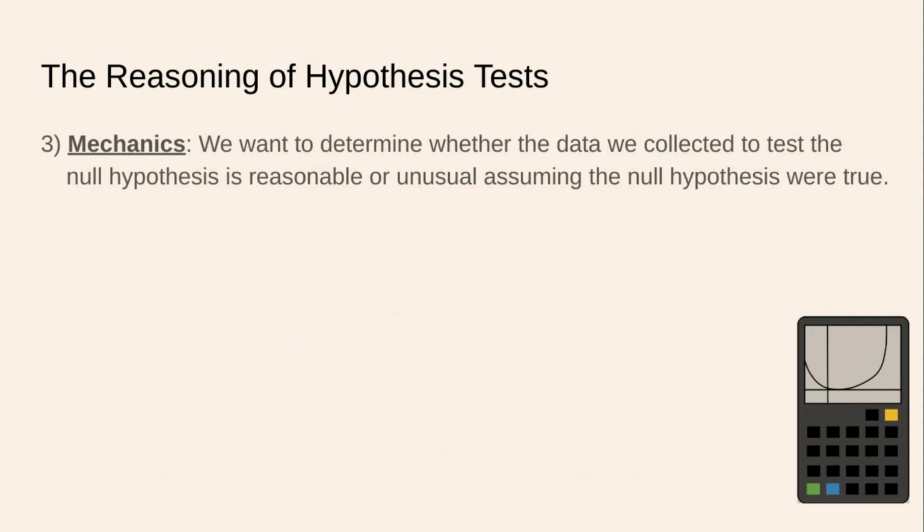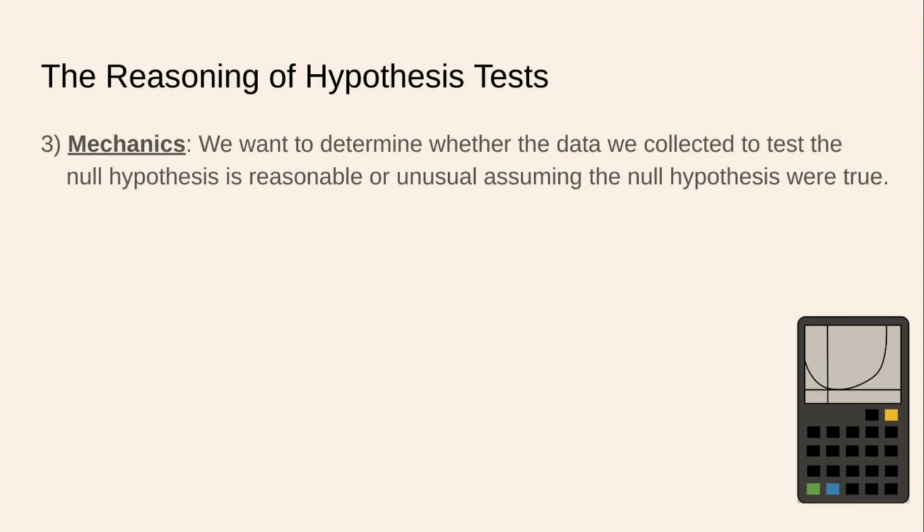The mechanics. We want to determine whether the data we collected to test the null hypothesis is reasonable or if it's unusual, assuming the null hypothesis were true. If the data we collect seem reasonable, not far off from the 80% we predict, then we should not reject the null hypothesis.